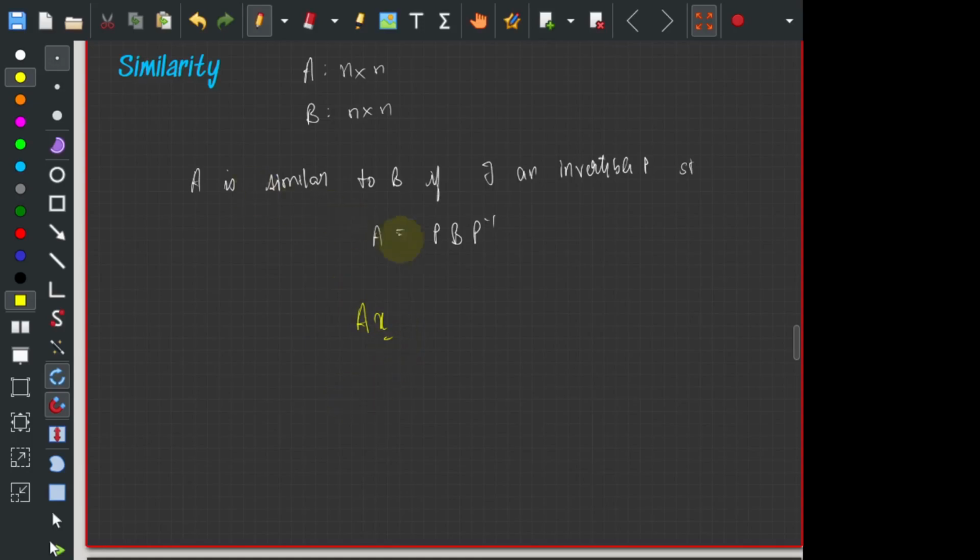I'm saying that A is equal to P times B times P inverse for some invertible matrix P. So effectively, what am I doing? P times B times P inverse times x. What is P inverse x? Correct. It is the vector x, but in terms of a new basis.